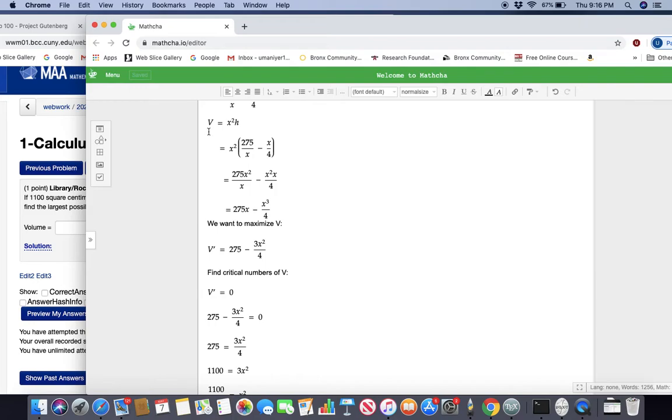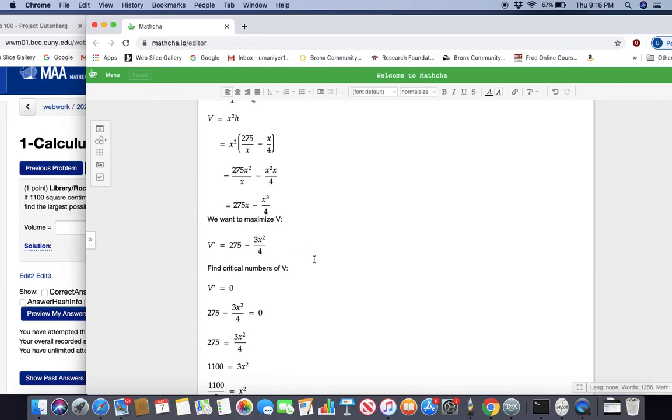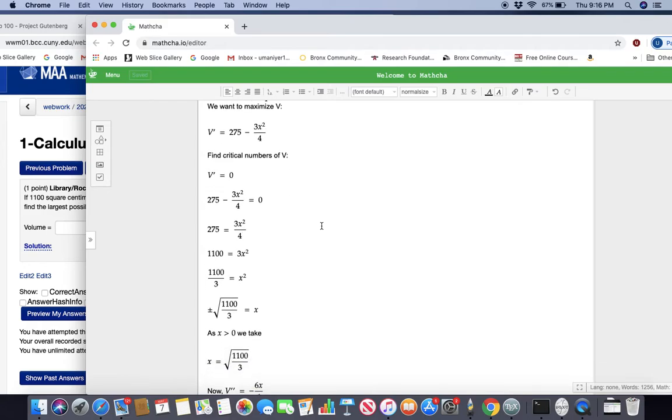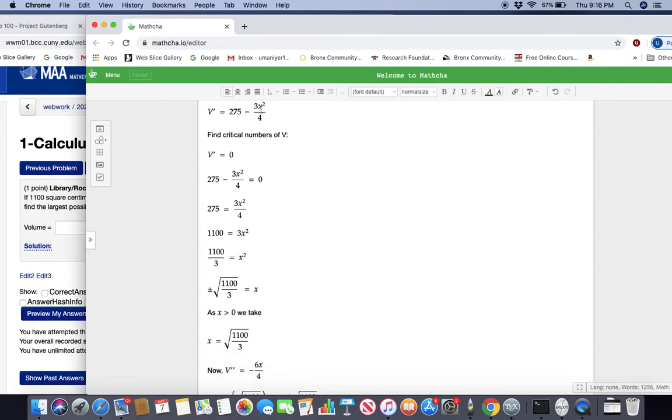This is my V. I want to maximize V. So take its derivative. All right. Once I have the derivative, I can now find critical numbers. Set the derivative to 0. Look, the derivative is always defined. I'm just setting it to 0. When I do that, this expression equals 0.